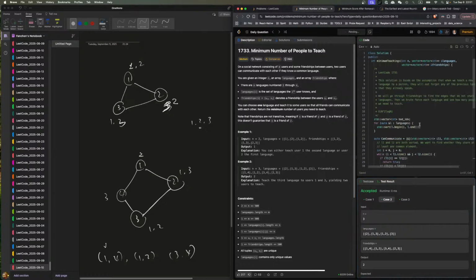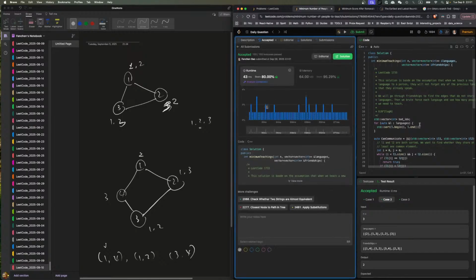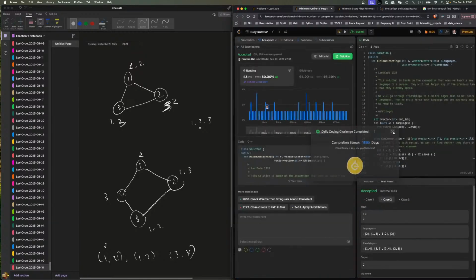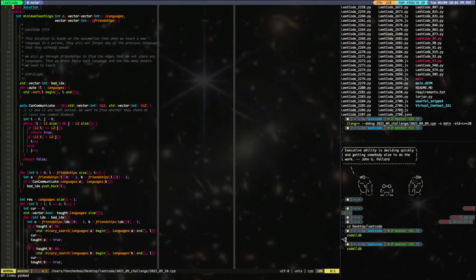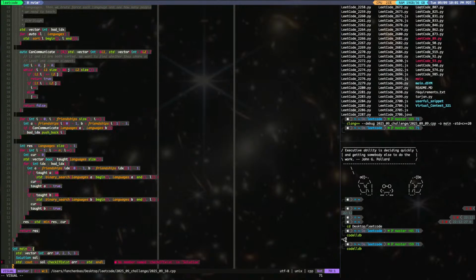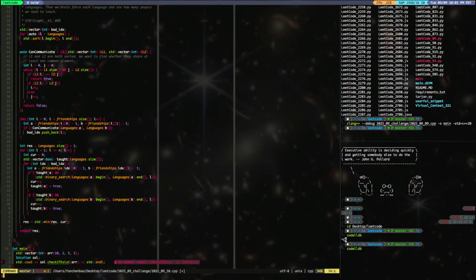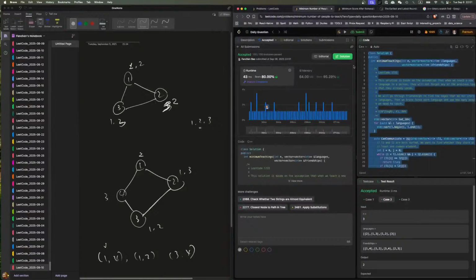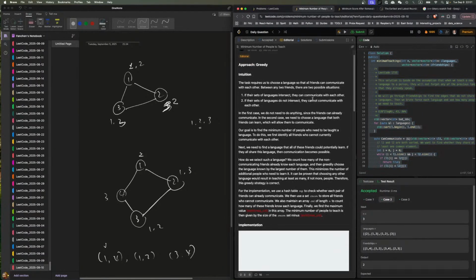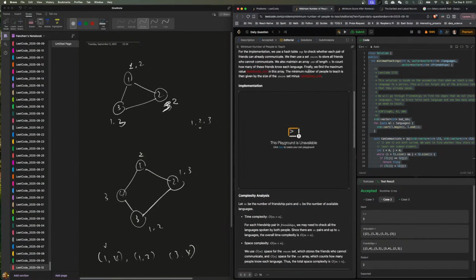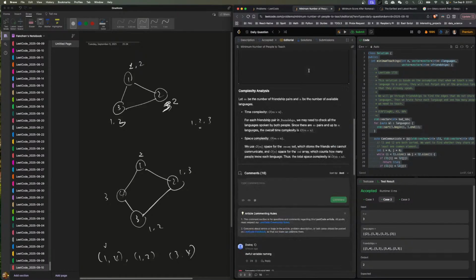Sounds right. Hopefully it's right. Hopefully this is exactly how they want us to do it. And I think it is how they want us to do it. Yeah, you can add more, that definitely makes things easier. Editorial, greedy. Ooh, greedy.